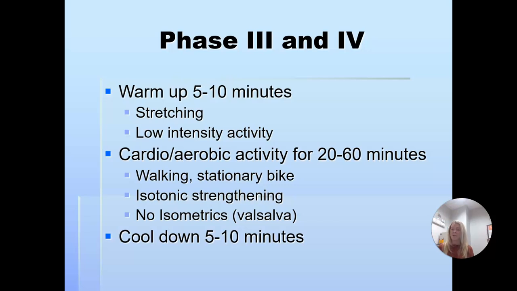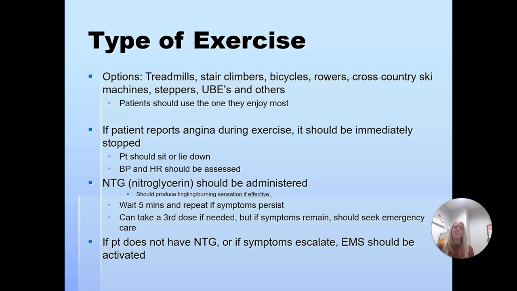And then we want to cool down again at the end of our program. Exercise options include treadmills, stair climbers, bikes, rowers, cross-country ski machines, steppers, UBEs, whatever the patient enjoys, whatever they're more likely to stick with, let's have them use that.